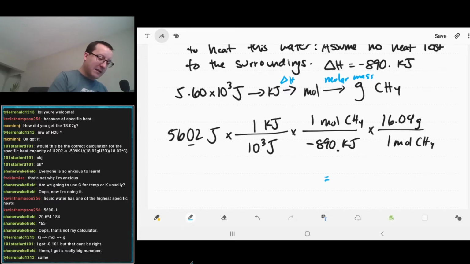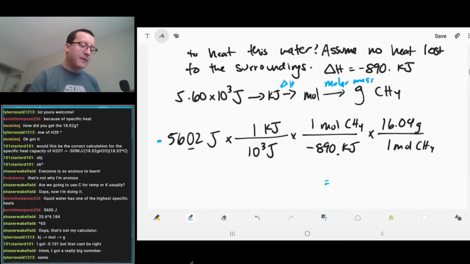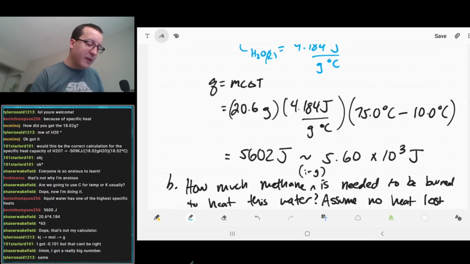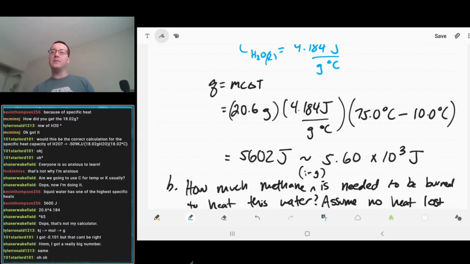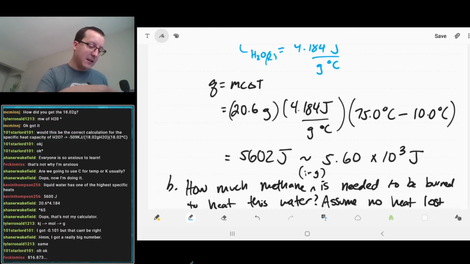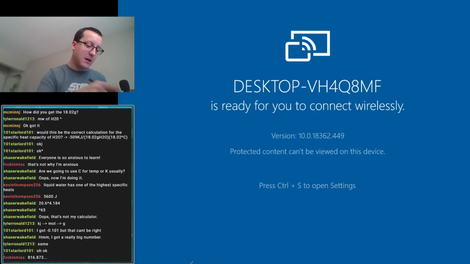Okay, so remember that technically this should be a negative joules, since this was heat that we needed to put into the system, right? So how did you guys get such big numbers? I got 0.101 grams. Okay, apparently we have to do this. Even the computer has gotten a different answer.